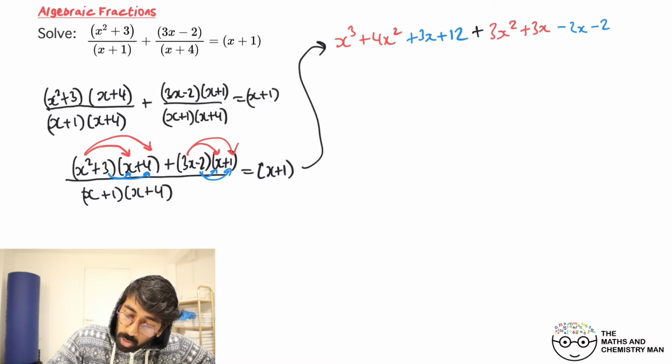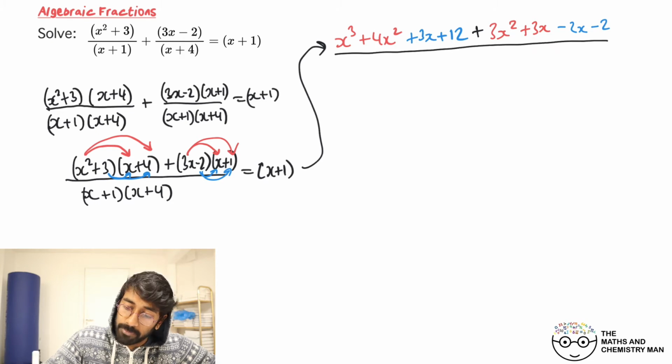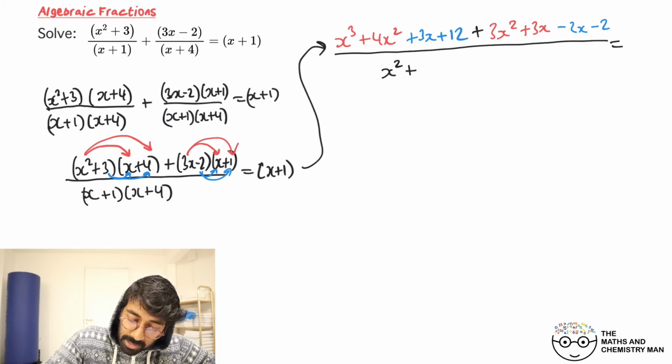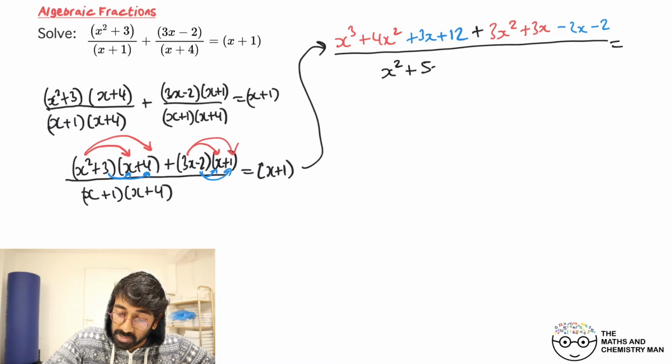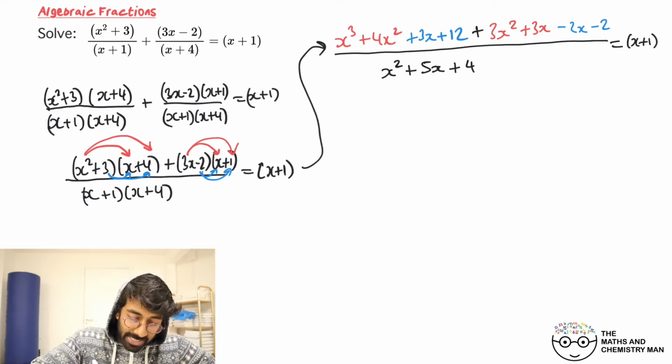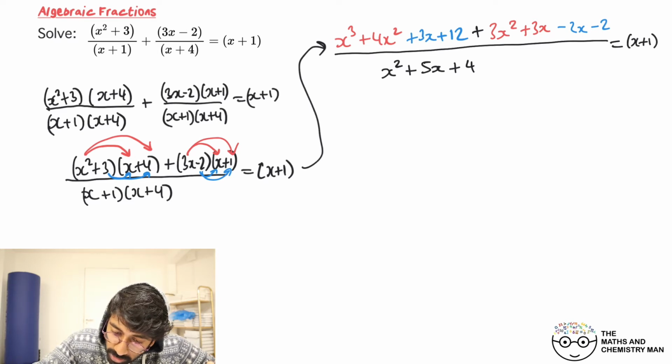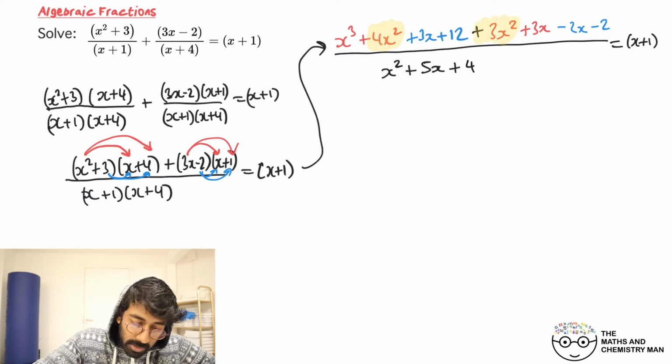And then on the bottom, I'm going to expand that out as well. So we'll have x squared plus x plus 4x, so plus 5x in total, and then plus 4. And that's all equal to x plus 1. There we go. Now let's get neatening this up. On the top here, can you see we've got 4x squared and 3x squared, so we can bring those together.